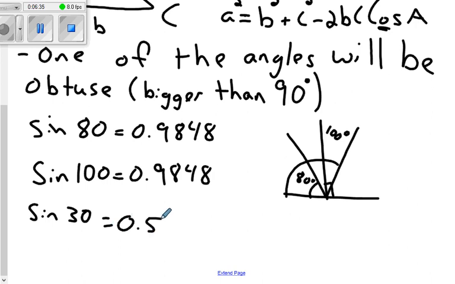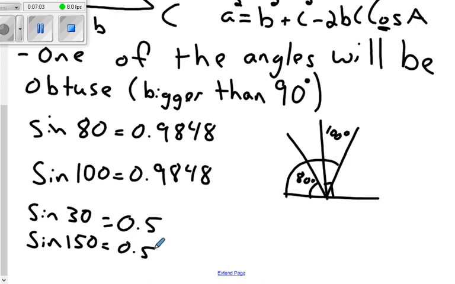Now that's 60 degrees less than 90, right? So let's look at 60 degrees more than 90, which is 150. Same thing, right?